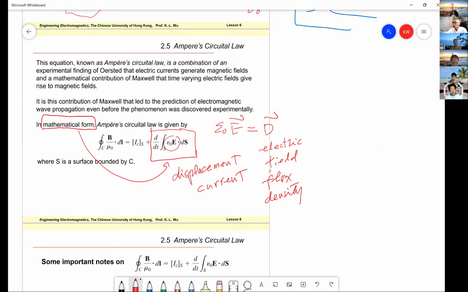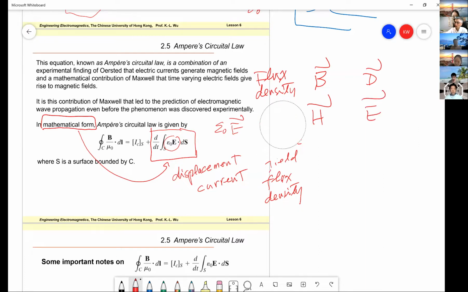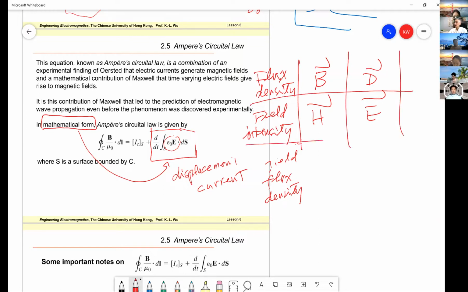So we have B, we call flux density. D, we call flux density. And then we have H and E, we call field intensity. So now we have 4 quantities to describe the electromagnetic field.